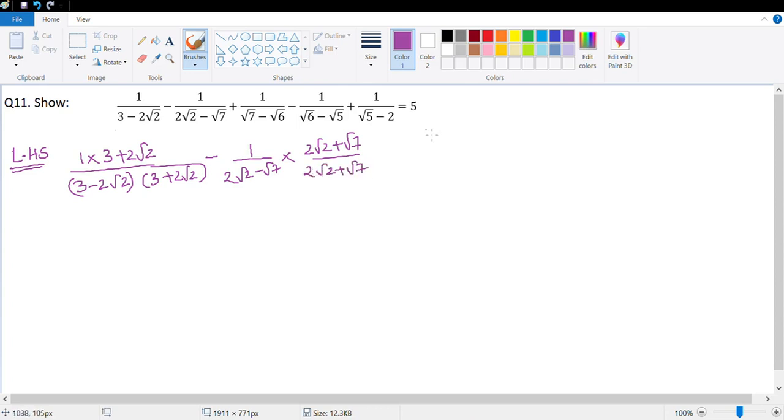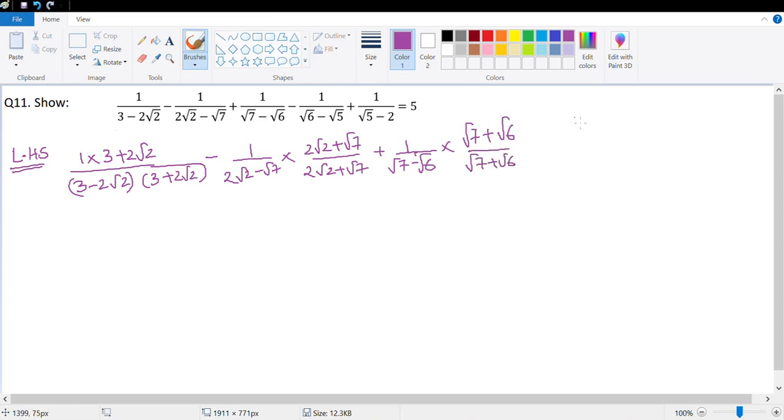The third term will be 1 upon root 7 minus root 6, I have written 6, it should be root 7 minus root 6, multiplied with root 7 plus root 6 upon root 7 plus root 6.